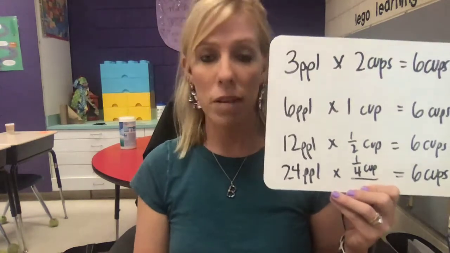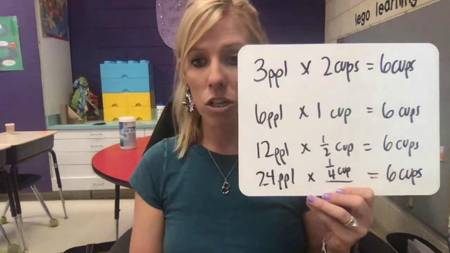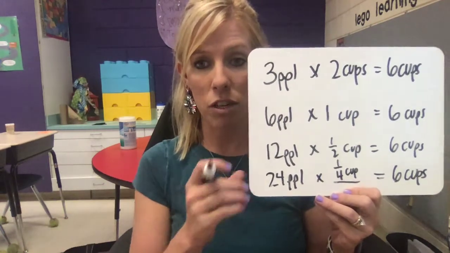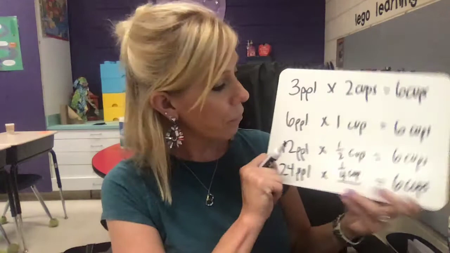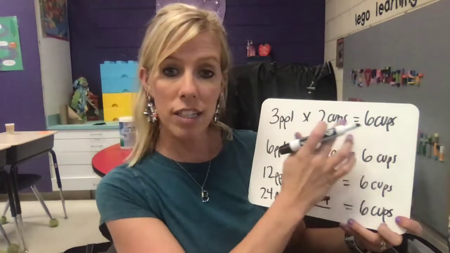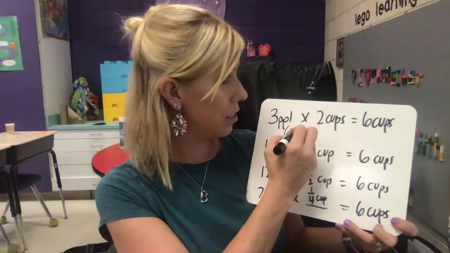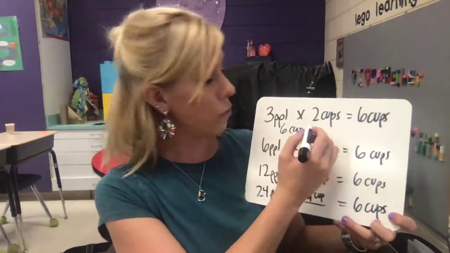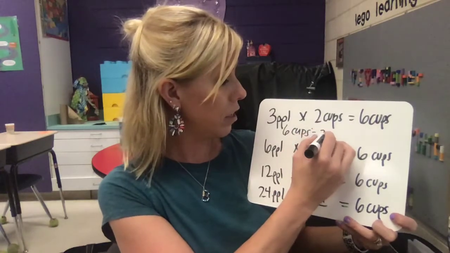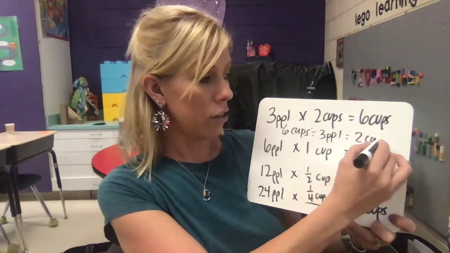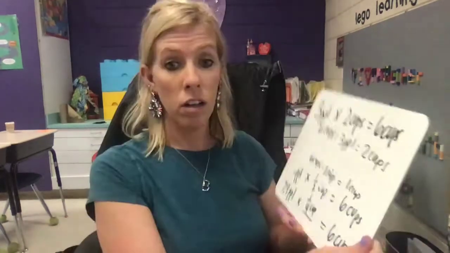Before we move on from this though, I want to show you the relationship that we see here with multiplication and division. So, if I have 6 cups, if I just reverse this, 6 cups divided among 3 people, they're still getting those 2 cups each. Okay?